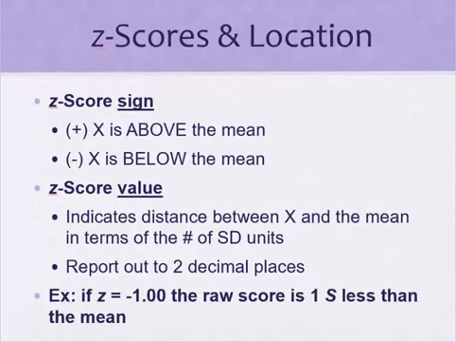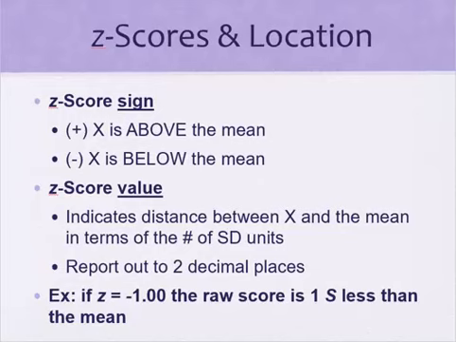So here's an example. If a z-score is negative 1.00, what that means is that the raw score is one standard deviation less than the mean, right? So let's say in real units of the original data, let's say the standard deviation was 6, right? It doesn't matter what it is. It could be exam points, right? So the standard deviation equals 6 exam points.